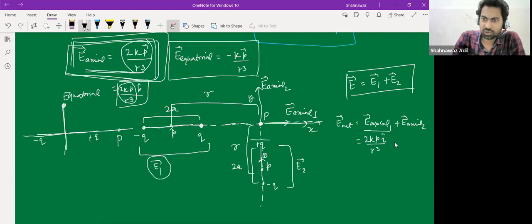Now you guys can tell me what E axial 2 would be. Saad, tell me what would be the E axial 2 vector.